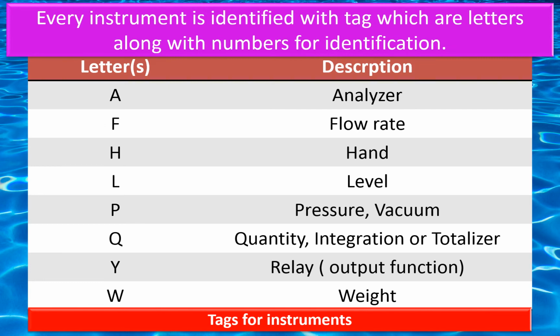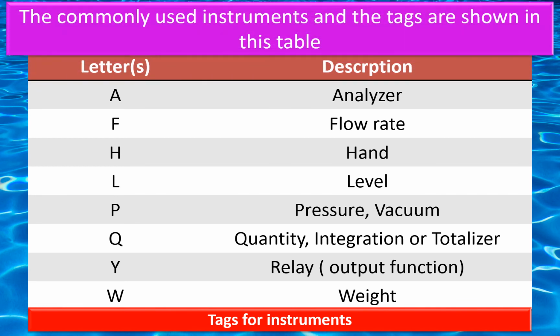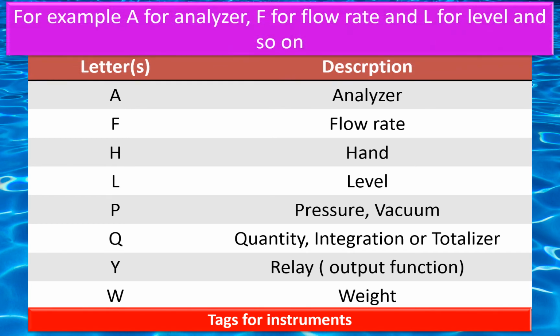Every instrument is identified with tags, which are letters along with numbers for identification. The commonly used instruments and the tags are shown in this table. For example, A for analyzer, F for flow rate, L for level, and so on.